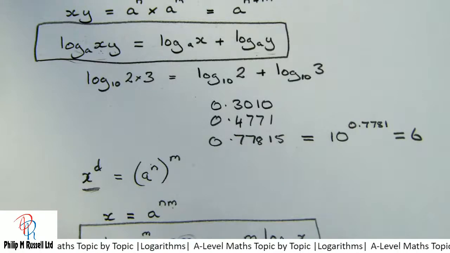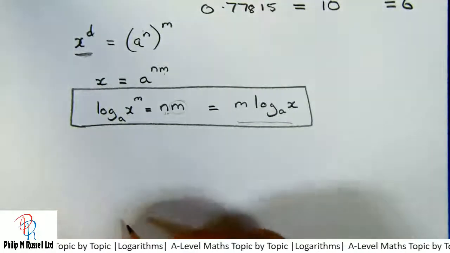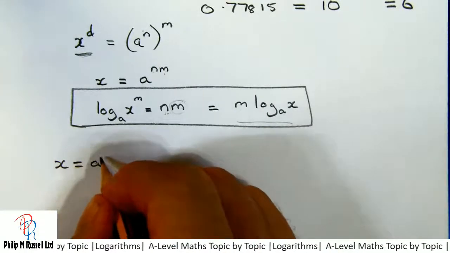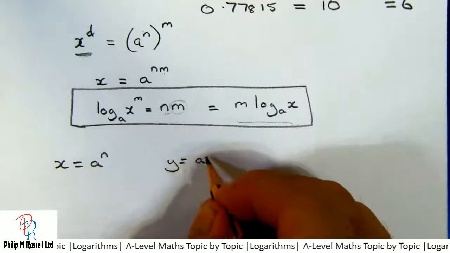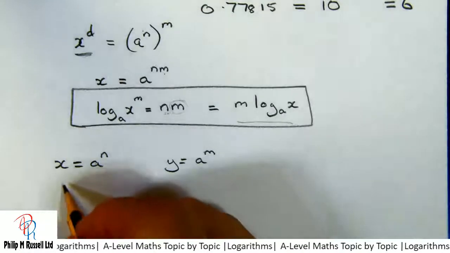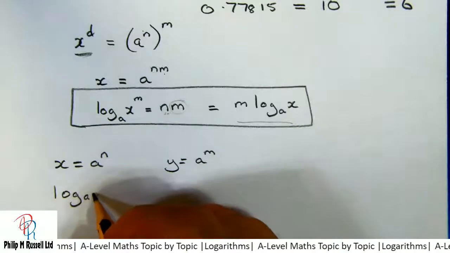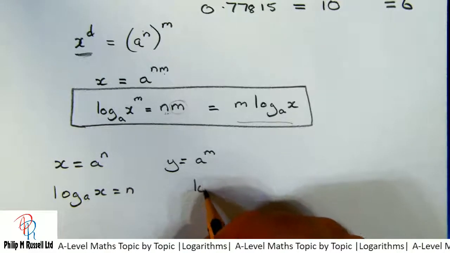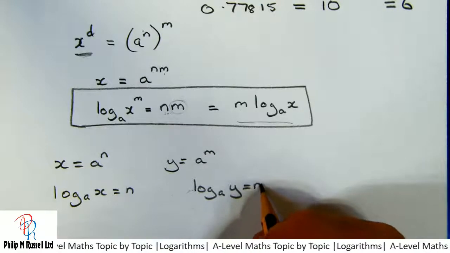And we use this a lot. Let's suppose we have something else. x is here a to the n, and let's have y equals a to the m. Then we can write those as our logs again, and we remember that means log to the base a of x equals n, and here log to the base a of y equals m.